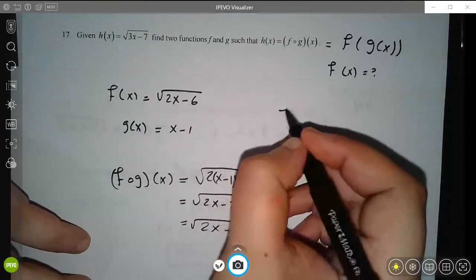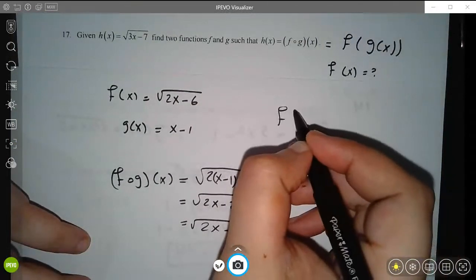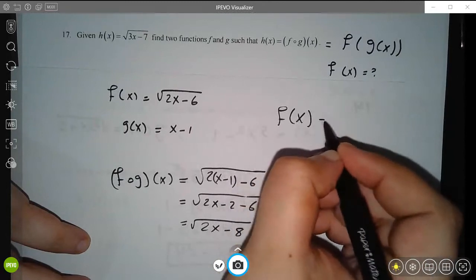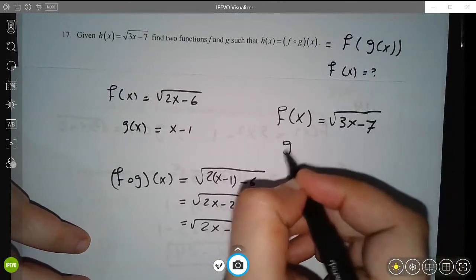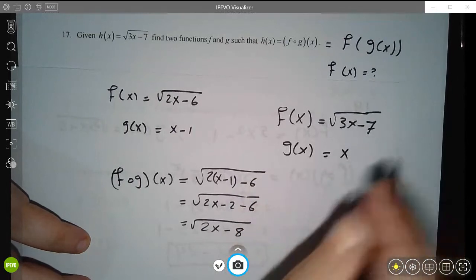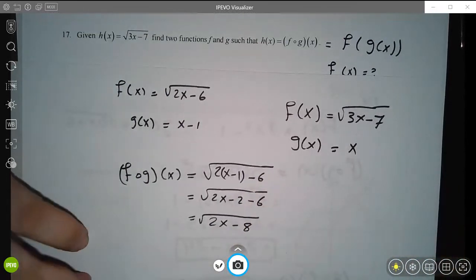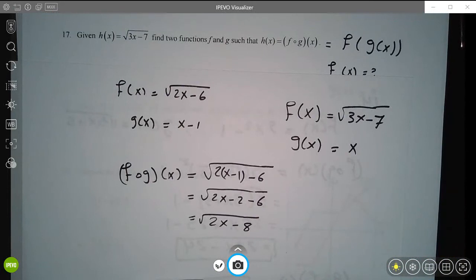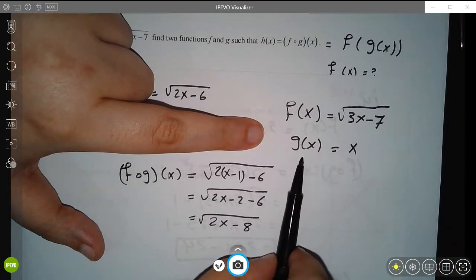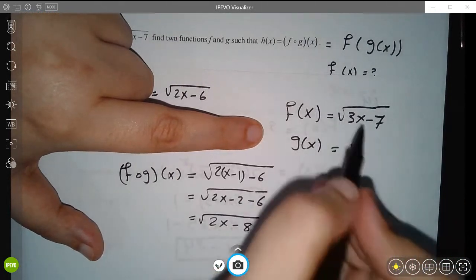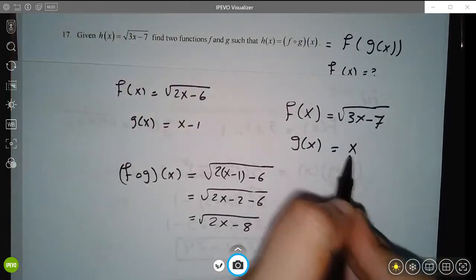What if I told you f of x is square root of 3x minus 7, and g of x was x? You see this? So if I plug in g of x into f of x, the x is going to get replaced with what? With x.